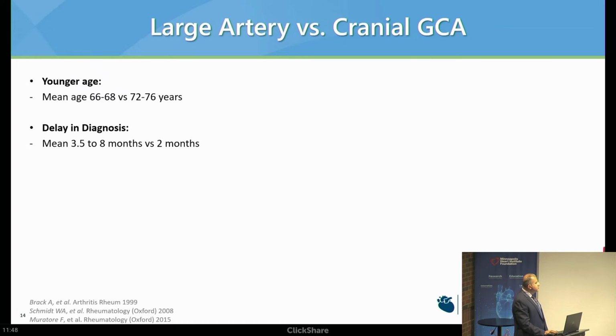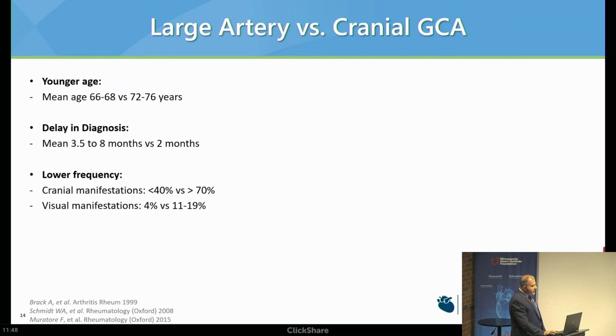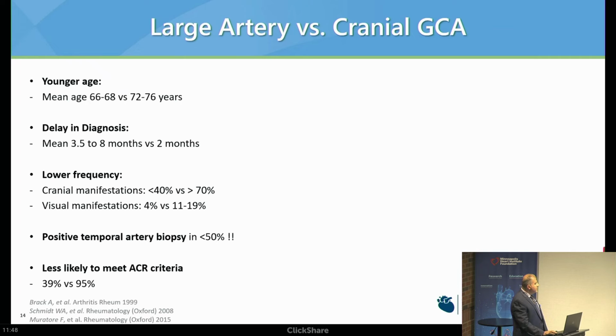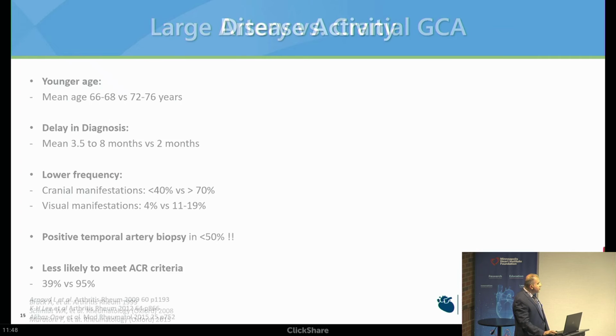Usually it takes up to 8 months to make the diagnosis because they don't have the typical presentation of jaw claudication, headache, or eye problems, because this is not cranial. It's mostly large vessel involvement. They also have less cranial involvement, less visual disturbance. Usually the biopsy is negative most of the time, and they are less likely to meet the criteria of the American College of Rheumatology.